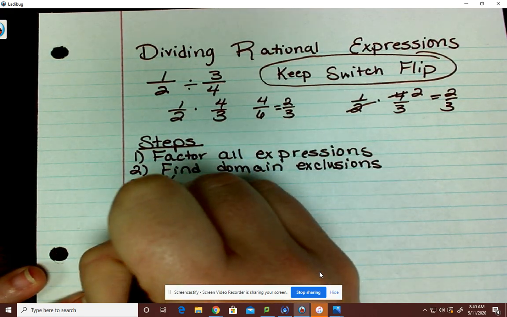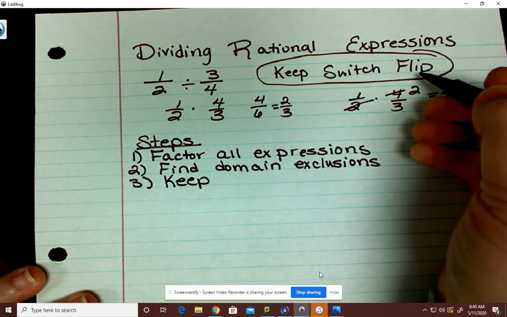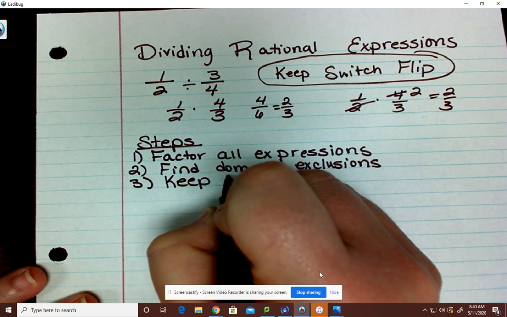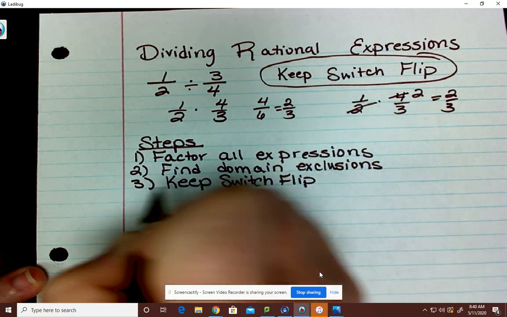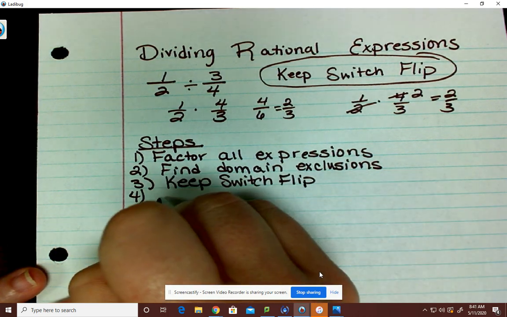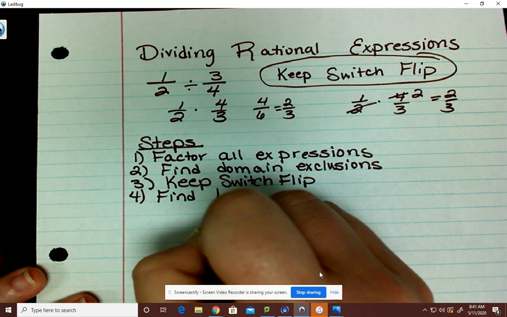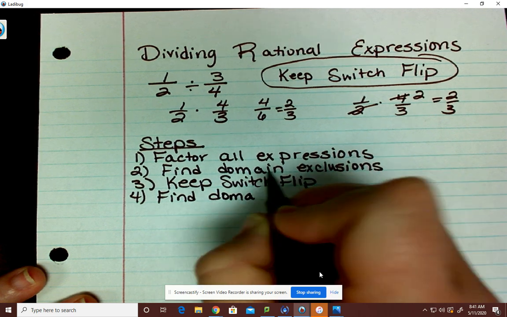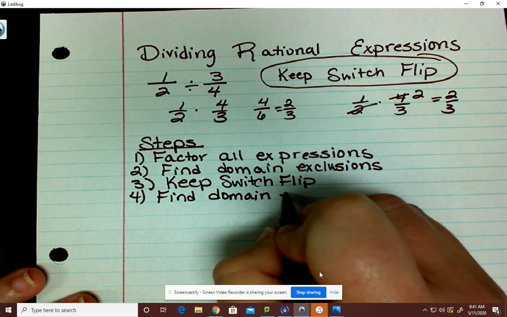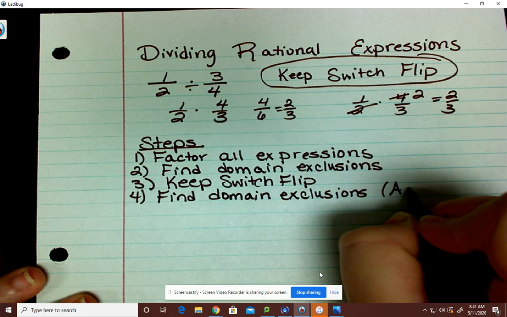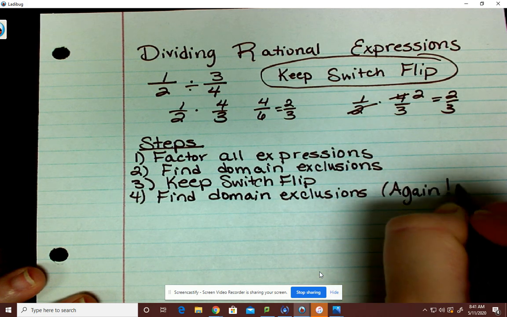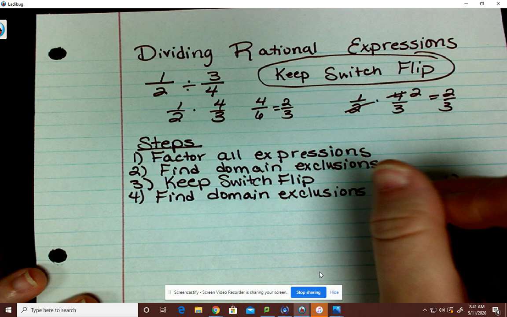Then you're going to do your process for dividing, so keep, switch, flip. Then we're going to find domain exclusions again, because we now, since we flipped a fraction, have a new denominator. So we have to do that twice.